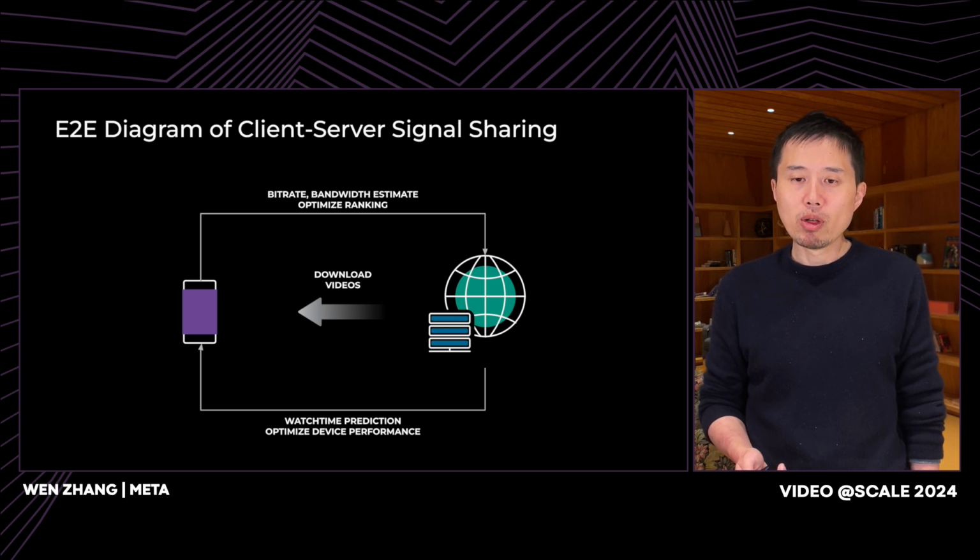For example, we have the probability of the user entering full screen. Also, we have predictions of whether a user will exit the app very soon. The introduction about the architecture of our signal exchange system between device and ranking ends here.